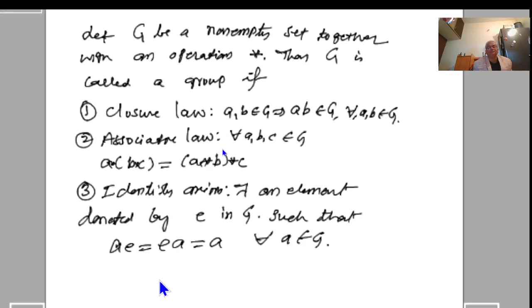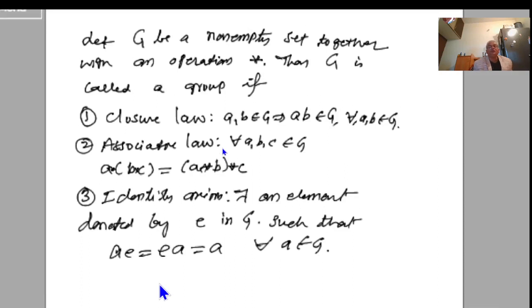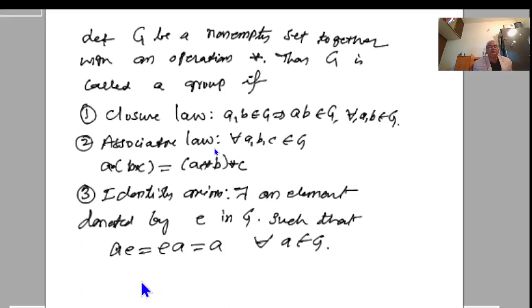For example, with respect to addition, 0 is the identity element because A plus 0 equal to 0 plus A equal to A. And with respect to multiplication, 1 is the identity element, that is A into 1 equal to 1 into A is equal to A.